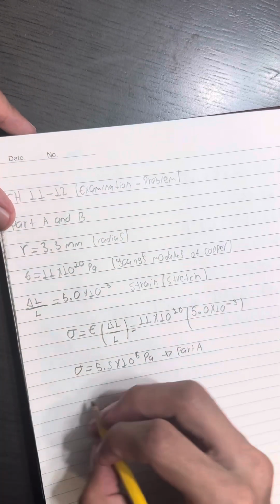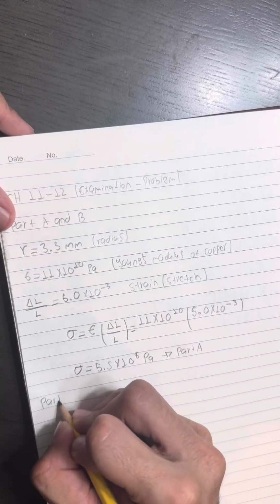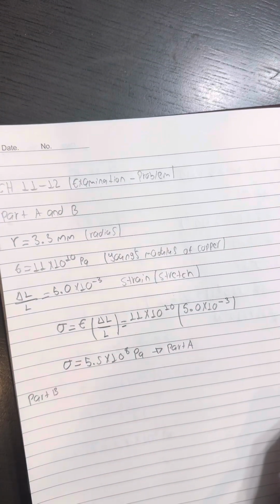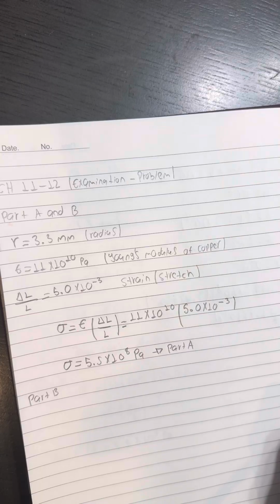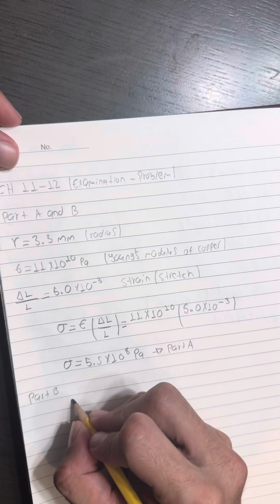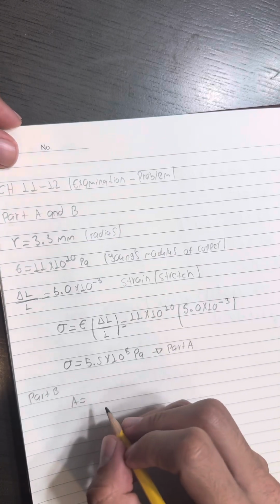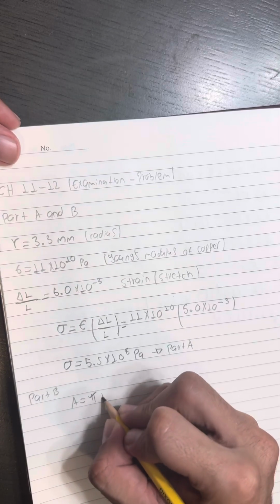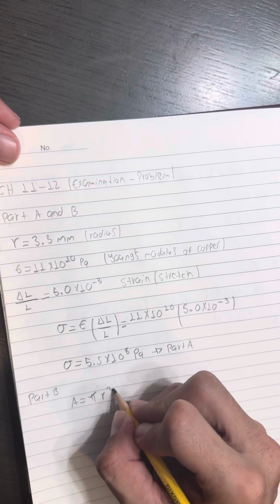Now for part B, we need to find the force, and to find force, we need the area of a circular wire. The formula for area is equal to pi times radius to the power of 2.